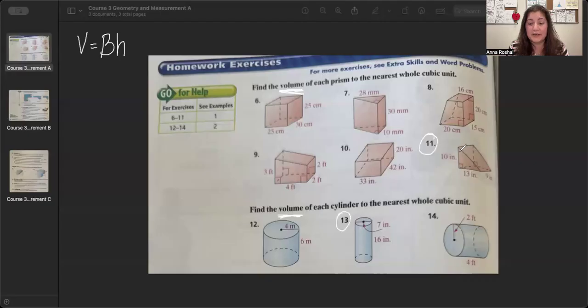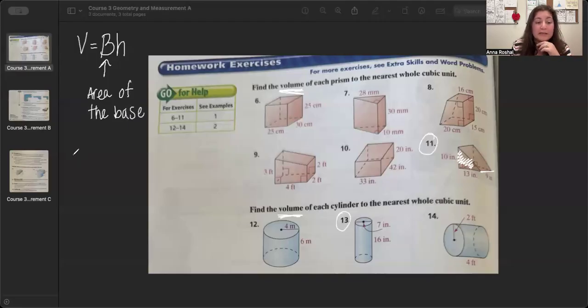So in this particular case, I'm going to find the area of this triangle and multiply it by this height over here. So that means you need to know the area of certain two-dimensional shapes. For example, in here, this is the area of the base.